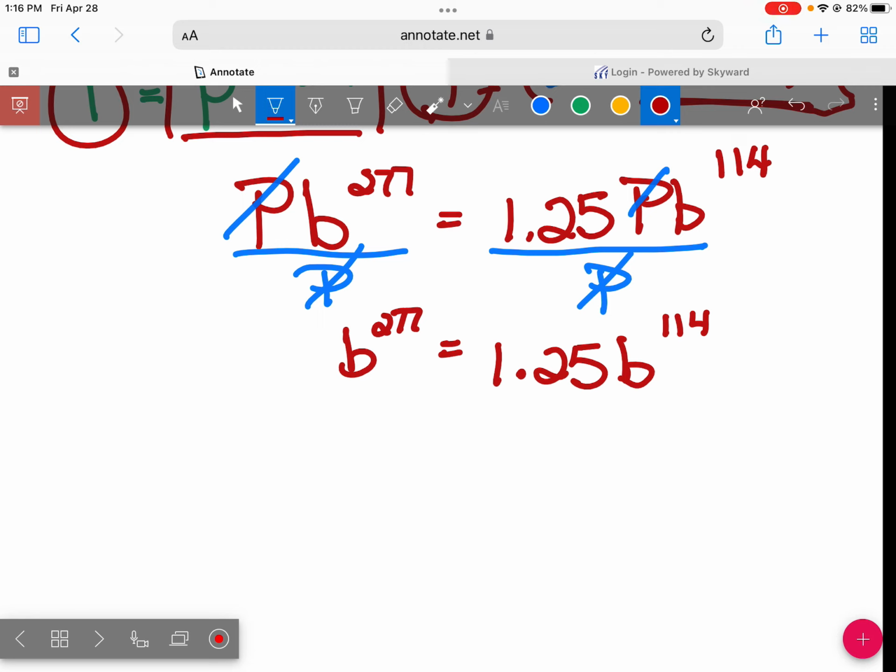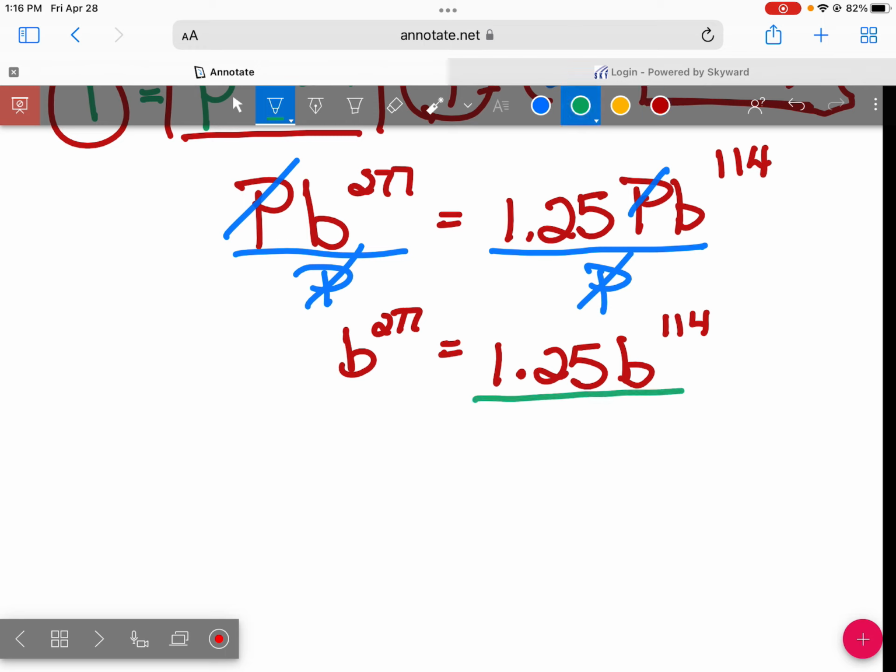And what would you do next? What do you think you would do next? Do you remember how to divide exponents or powers? No. All right.